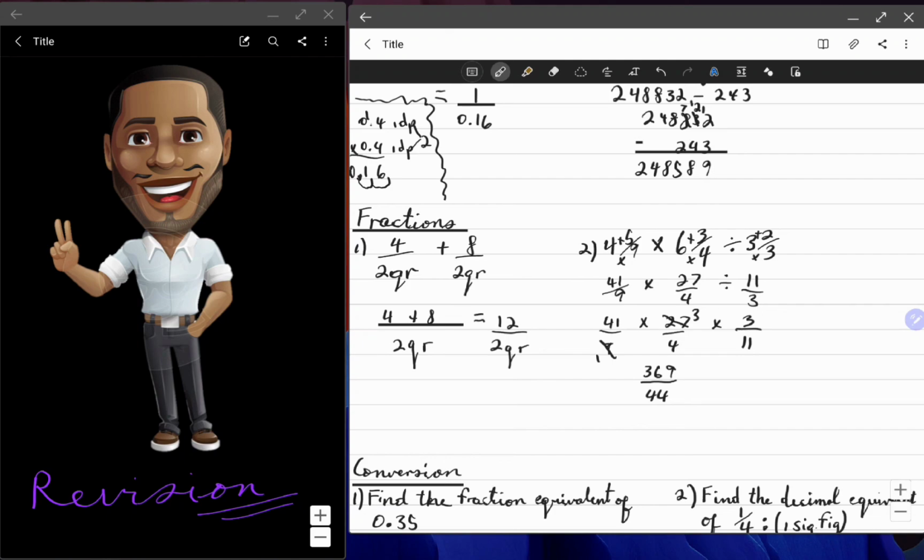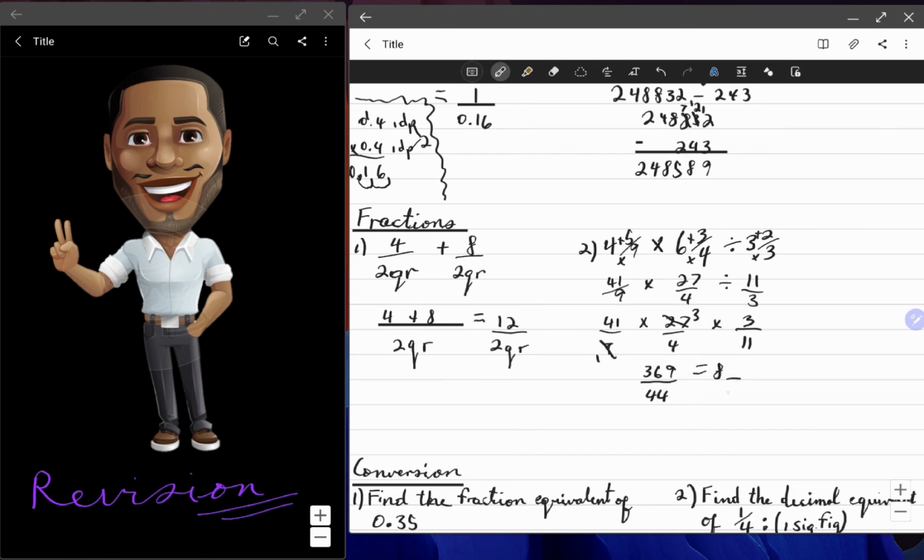Very simple. Alright, and since this is an improper fraction, we're going to convert it and change it back into a mixed number. Alright, all we need to do is check how many times 44 can go into 369. Which is 8 times.